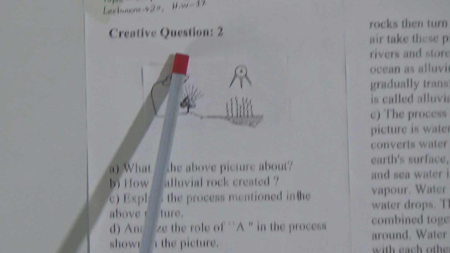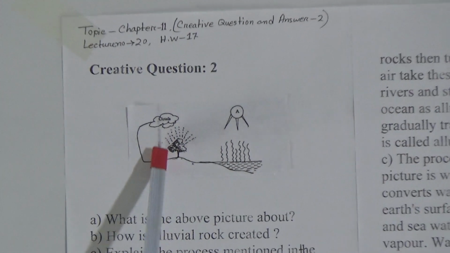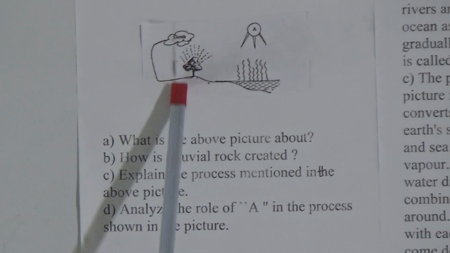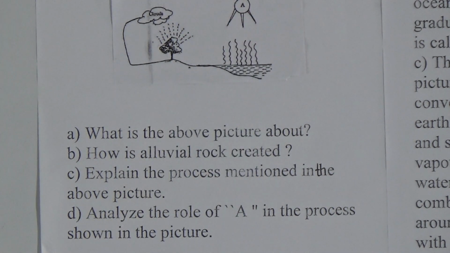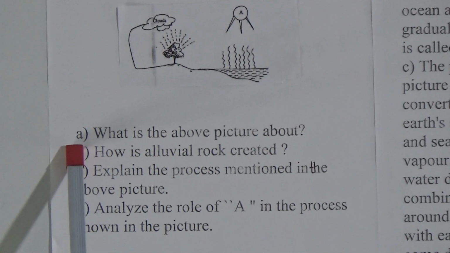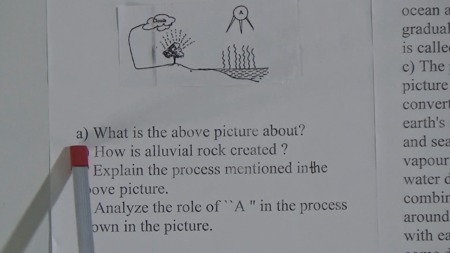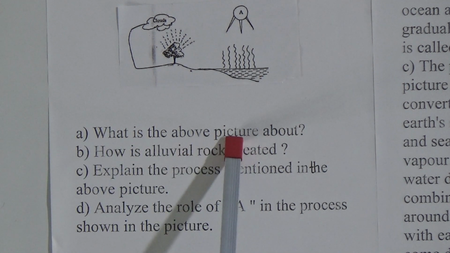Creative question 2 number. Here is a stem, you can see here is a picture, here is a cloud, here is a plant, and here is a stem. This is A. Our A number question is, what is the above picture about?